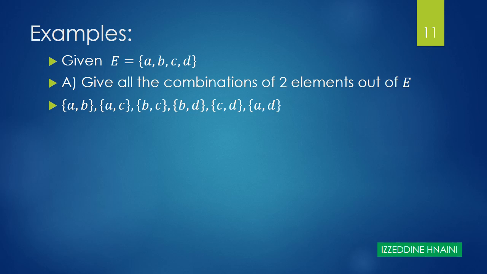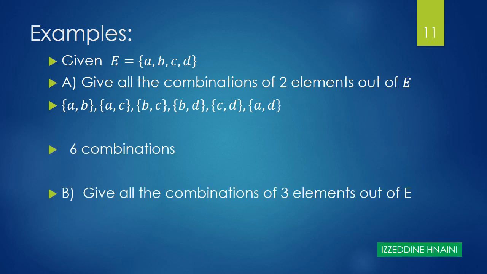So we have 6 combinations. Another example, give all the combinations of 3 elements out of E. We have ABC, ABD, ACD, and BCD. So we have 4 combinations.